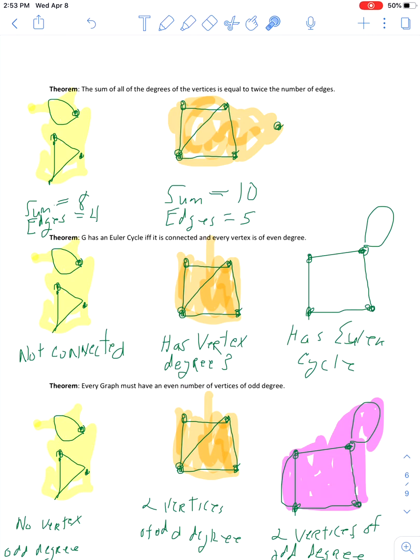Finally, I might as well look at an example that does have an Euler cycle. Check this graph out right here. First off, it's connected. I can walk from any vertex to any other vertex. Secondly, this vertex is of degree 2, 2, 2, and remember this vertex is of degree 4, but the point is every vertex is of even degree, and therefore I claim it's got an Euler cycle.